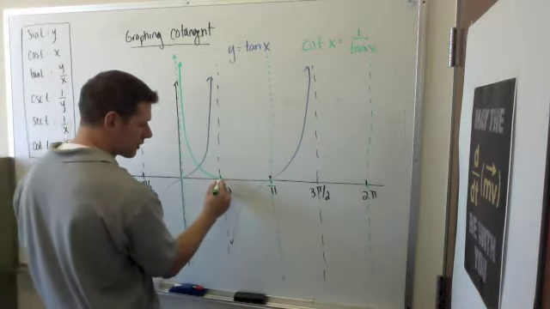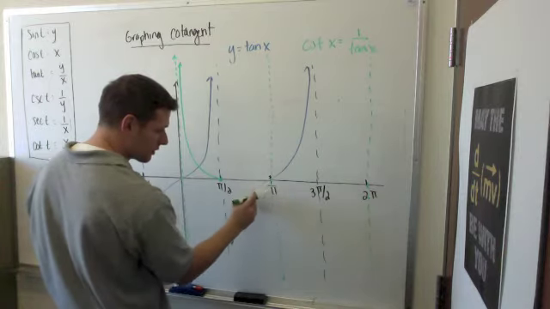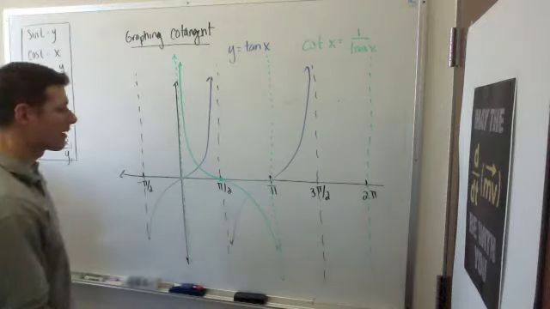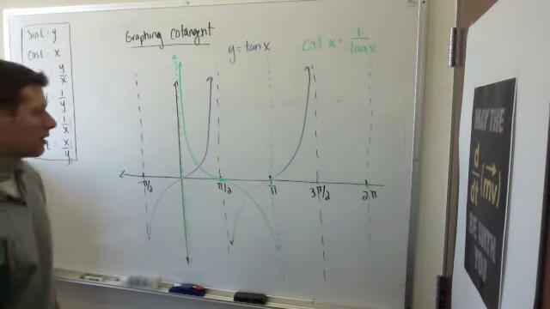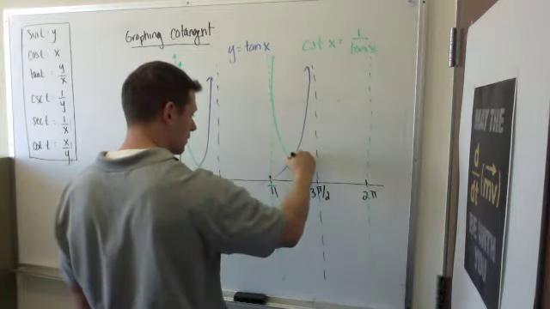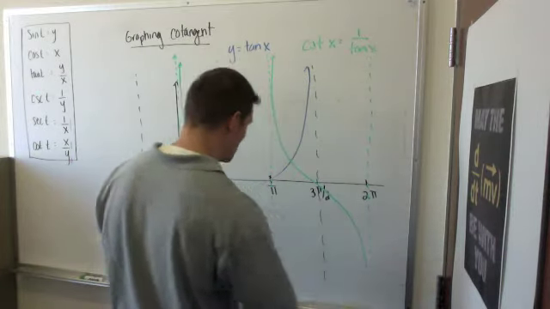And then over here, we're going to 0. Blue is 0 right here. So we're going to get negatively large. So the graph of cotangent looks something like this. And then we copy and paste it like that.